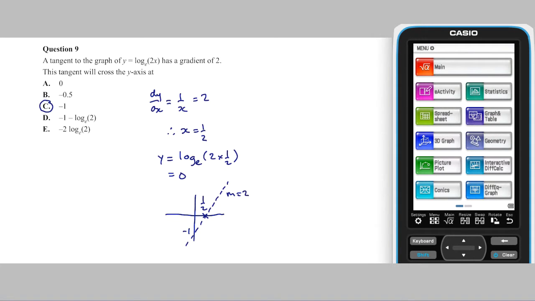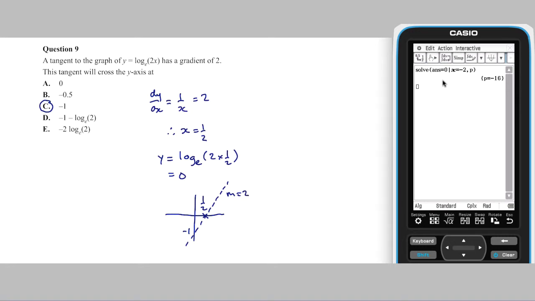An alternative approach to this question would be to use our ClassPad to obtain the equation of the tangent. To do this, we need to solve the derivative is equal to 2.